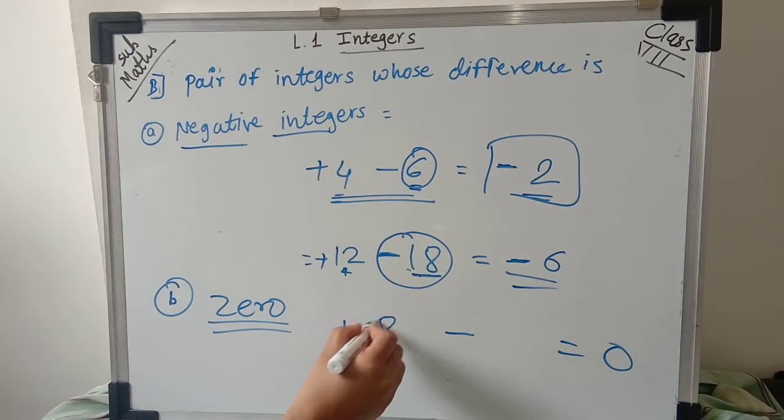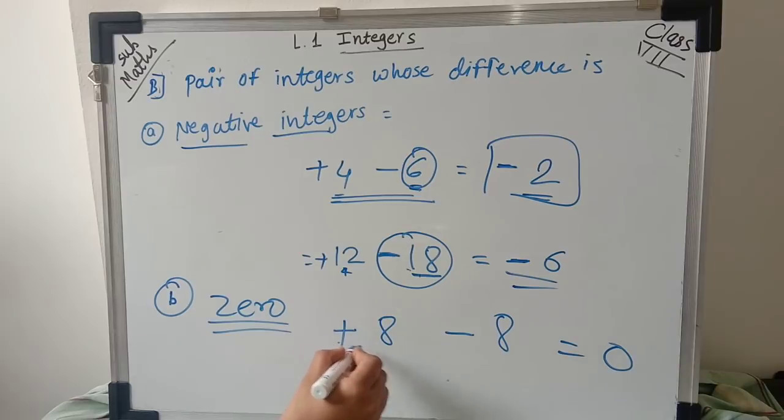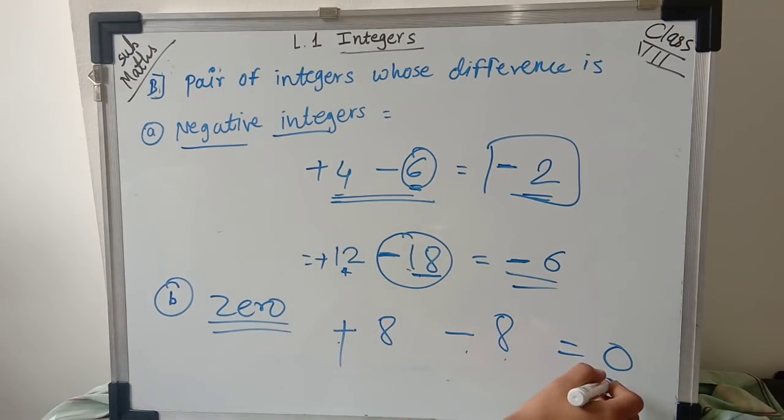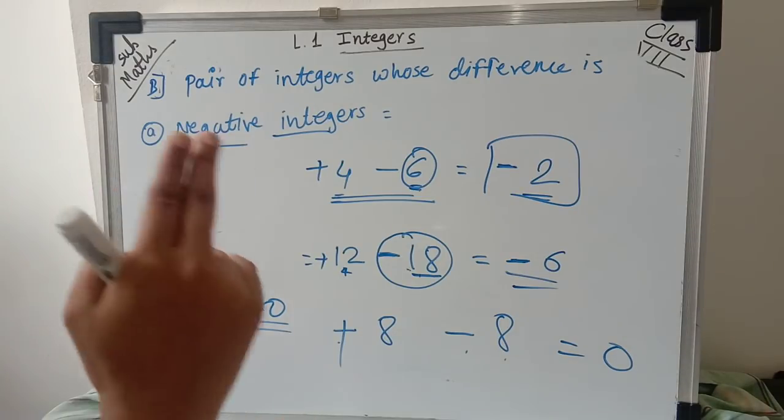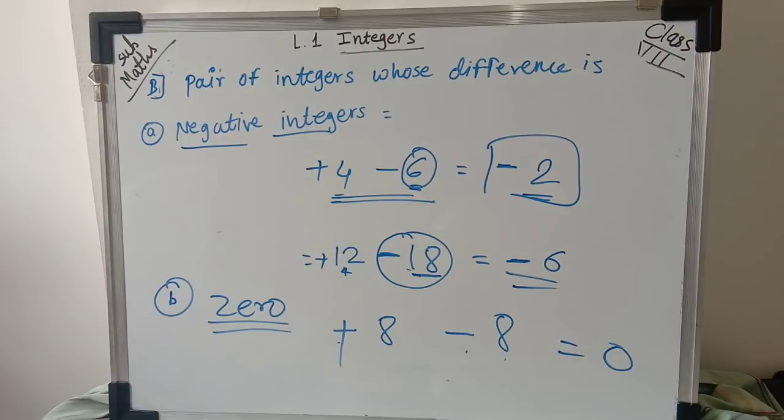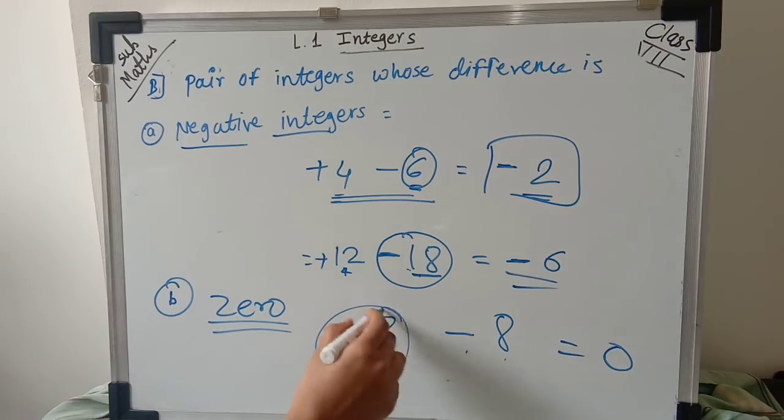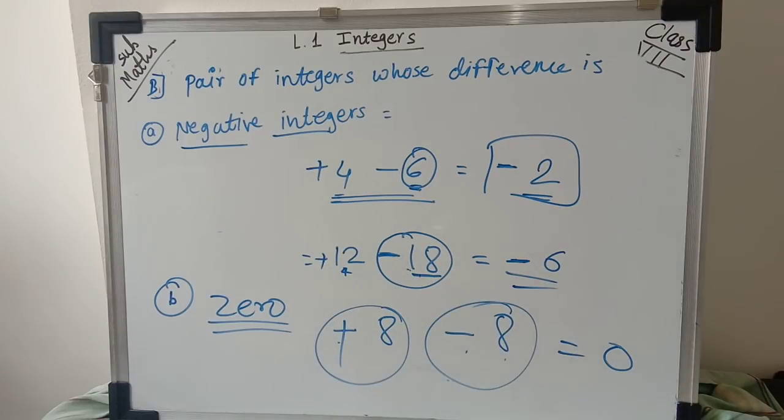If you take plus 8 and minus 8, plus and minus become minus, so 8 minus 8 is equal to 0. You have to take one positive integer and one negative integer, but the whole number of both should be the same, and then you will get 0.